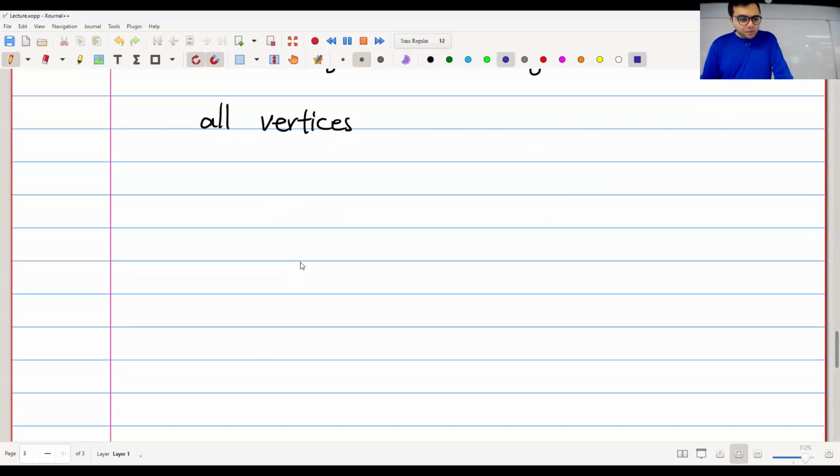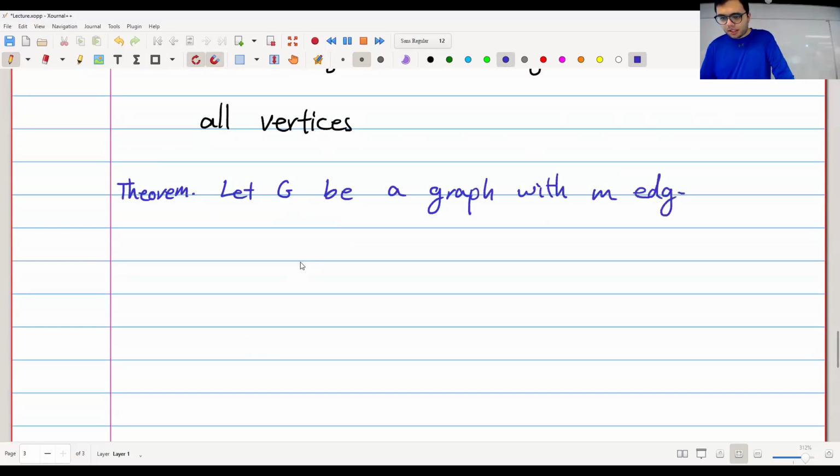Okay, I want to prove this theorem, which is actually kind of interesting. I want to say, let G be a graph with M edges. And suppose that I want to make my graph G bipartite. So I want to remove some of the edges so that G becomes a bipartite graph.